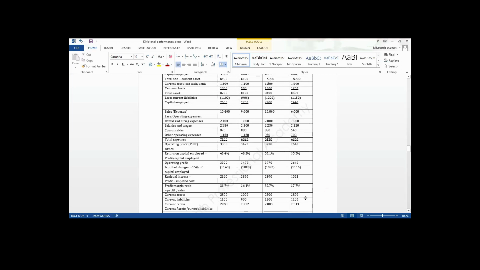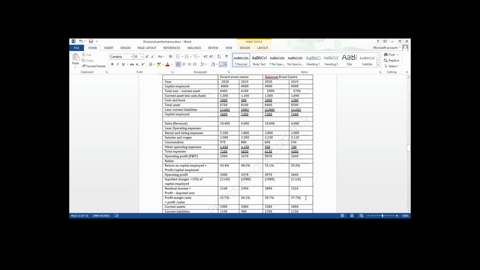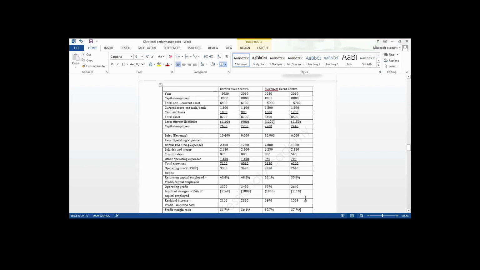Our current assets, I can pick it from here now. Look at these two. Current assets less cash and bank. I cannot take these two now. Look at my current assets, these two rows.